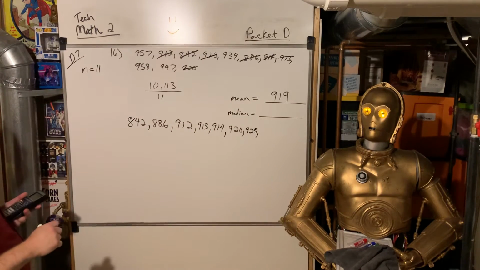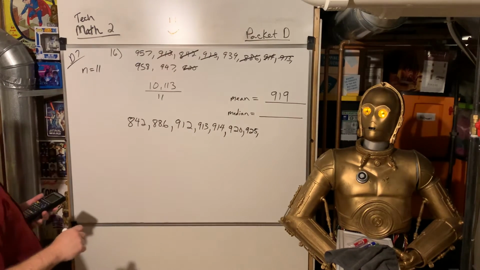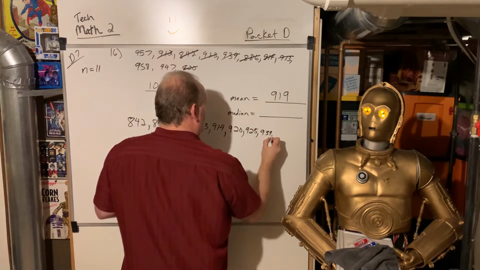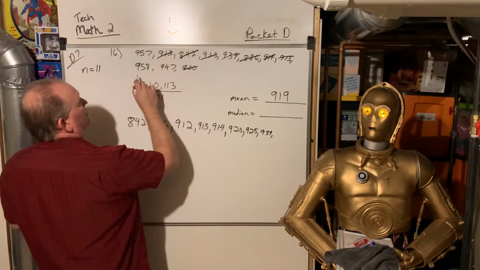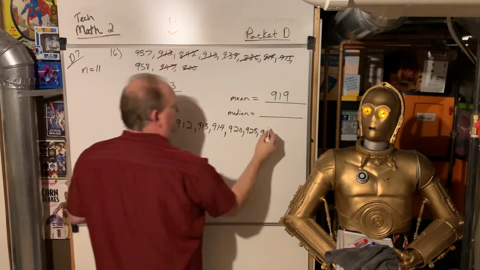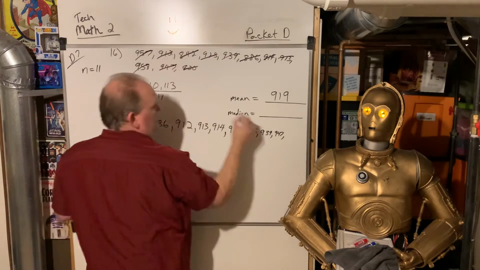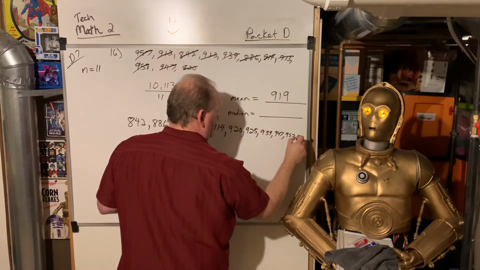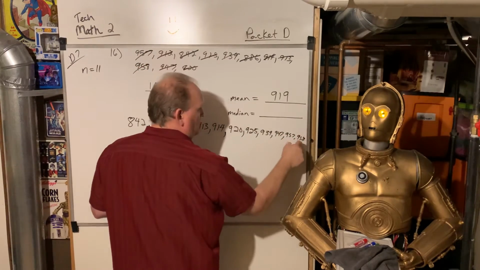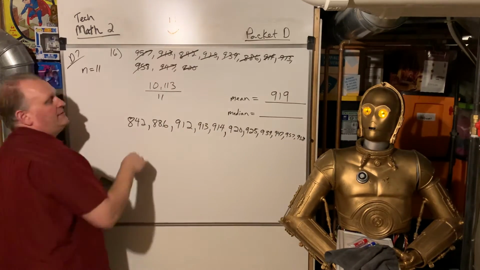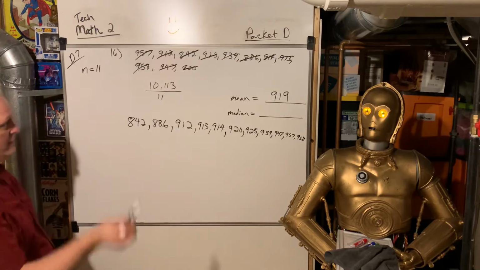Then what do we got next? 939. Then 947 and 957, 958. And then always double check. 1, 2, 3, 4, 5, 6, 7, 8, 9, 10, 11 pieces of data. We got them all. They're all crossed off.